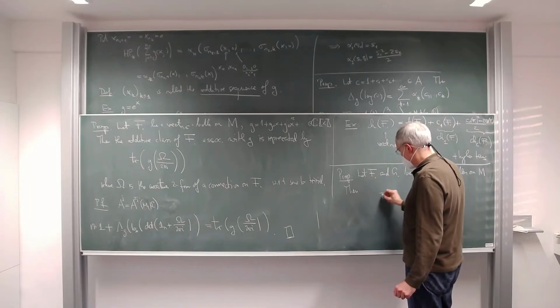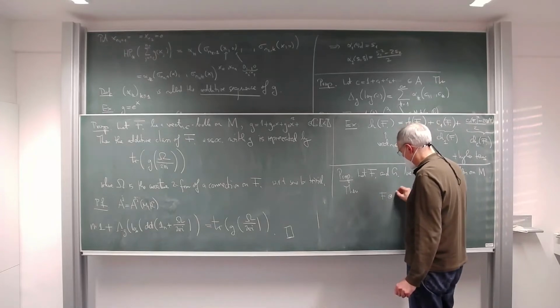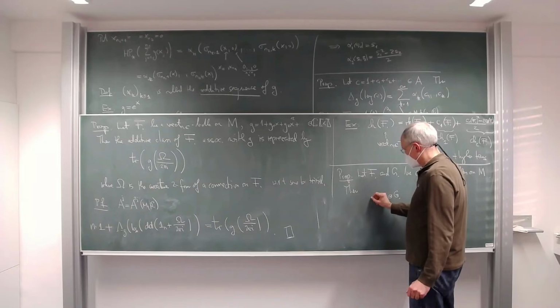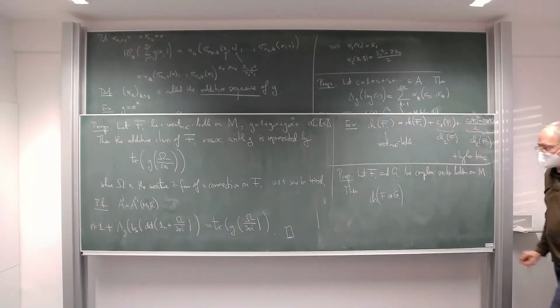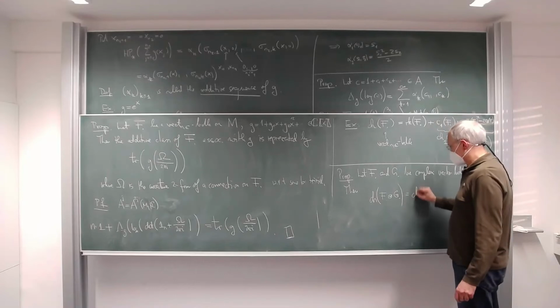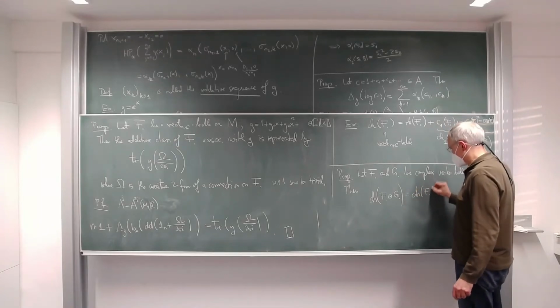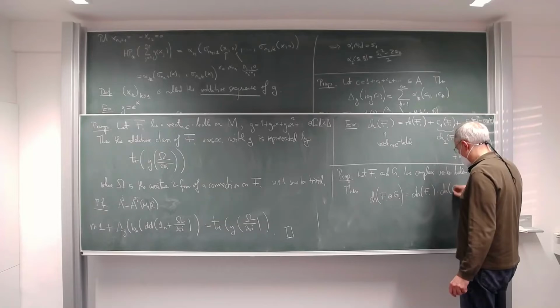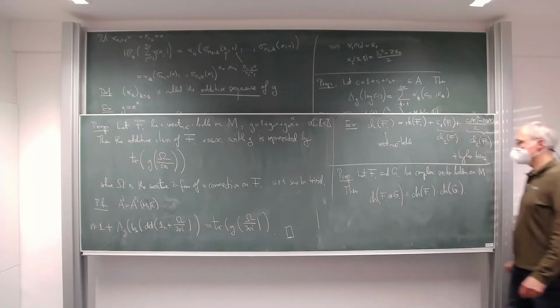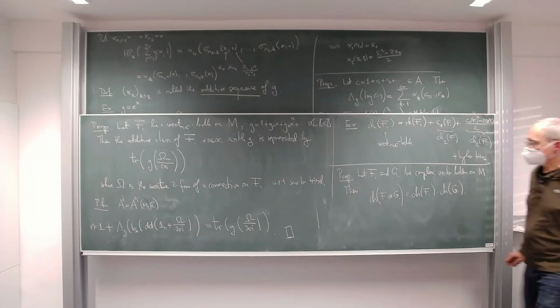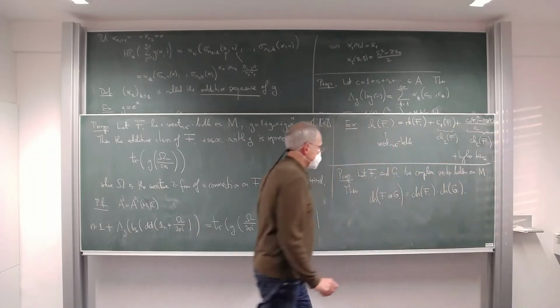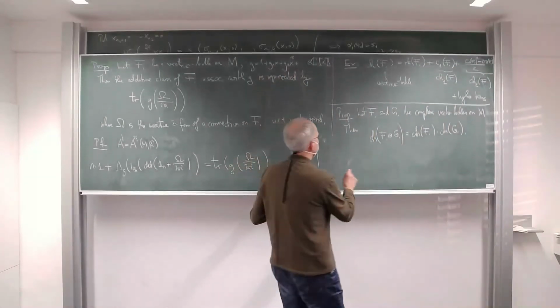Namely, we can also look at the tensor product of these two bundles and take its Chern character. And then what we get is that this is the product of the individual Chern characters. This is something which is not true for general additive classes and which makes the Chern character special. So let's see why this is true.